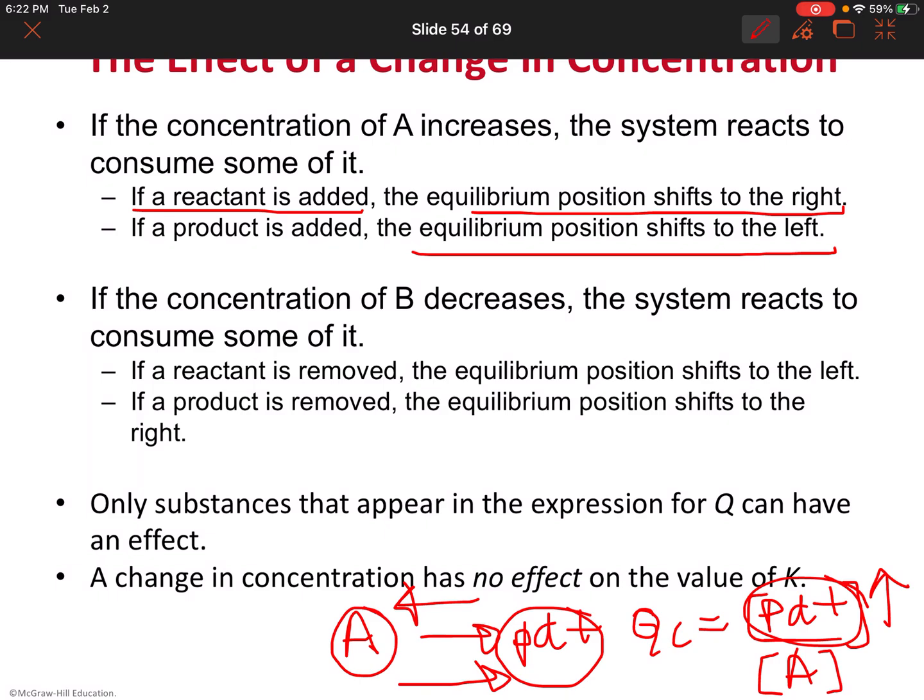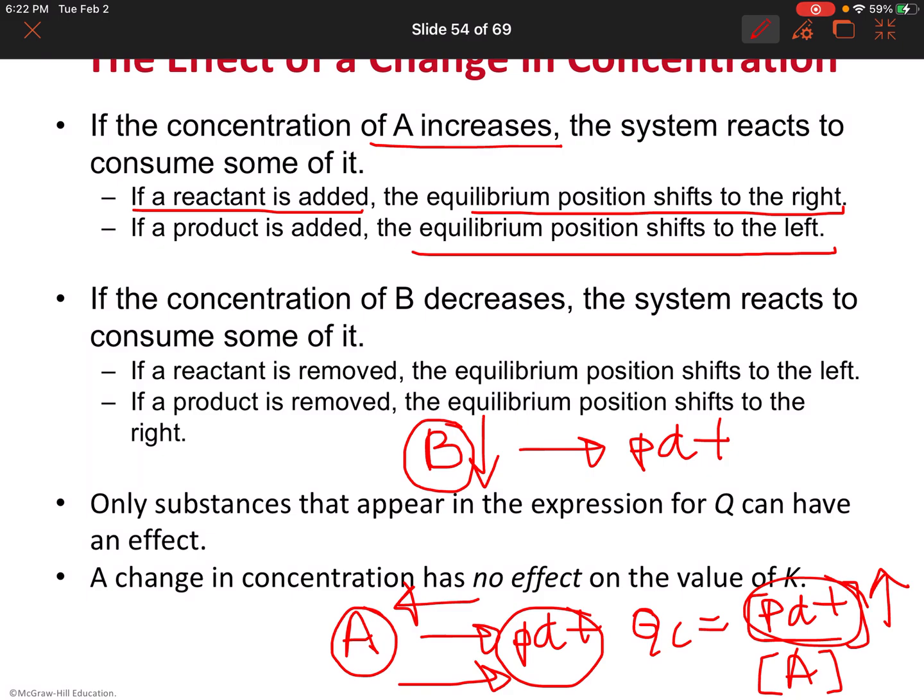And similarly, we talked about if the concentration of A increases. Let's say you have another case, in which we consider B as one of the reactants, and B goes to product. If the concentration of B decreases, the equilibrium will go out of order.